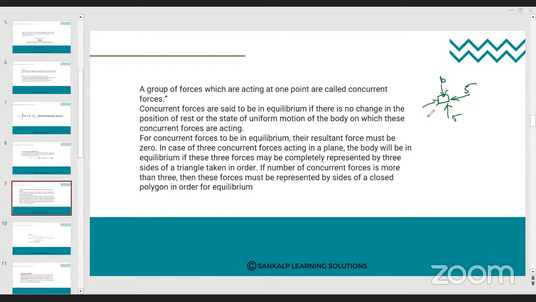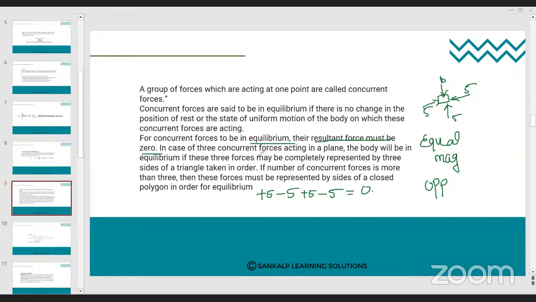Here all the forces are of equal magnitude but in opposite directions. If you consider any one direction, one will be +5 Newton and the other -5, because the force acting from above has an opposite force below. So what is the net force acting on the body? That is 0. For concurrent forces to be in equilibrium, the resultant force must be 0.